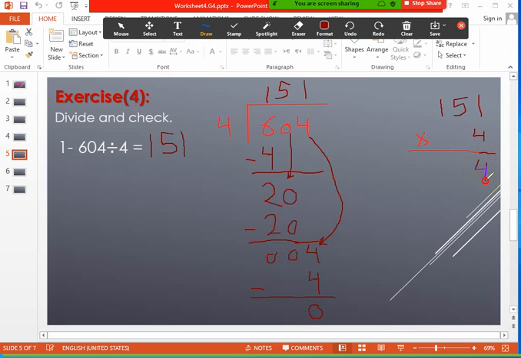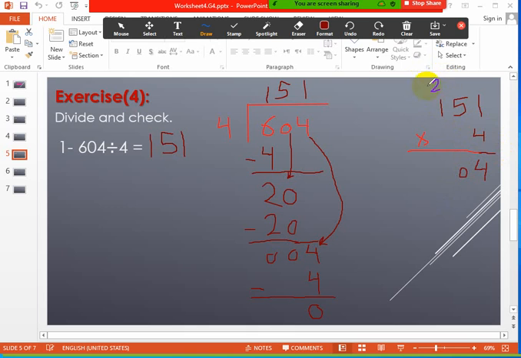4 multiply 1 equals 4. Now 4 multiply 5 equals 20. I have to regroup the 20 and put the 0 here and the 2 above the hundreds. Now 4 multiply 1 equals 4.